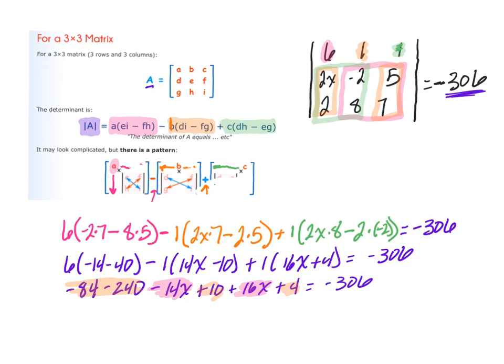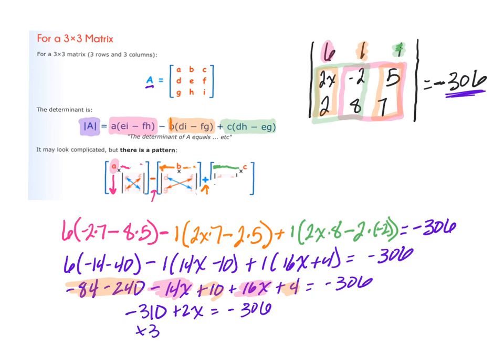That gives me 10 plus 4 is 14, plus negative 84, and minus 240 is negative 310. So negative 310 plus 2x equals negative 306.